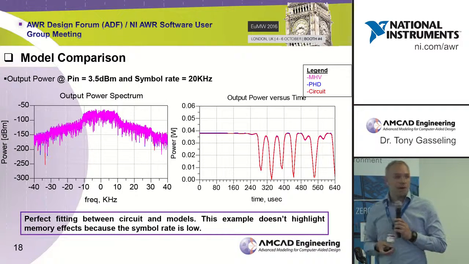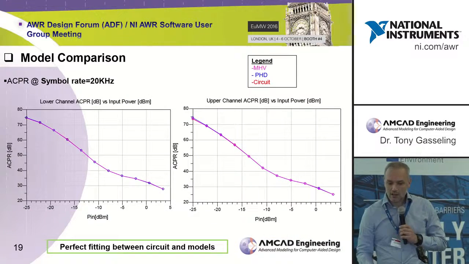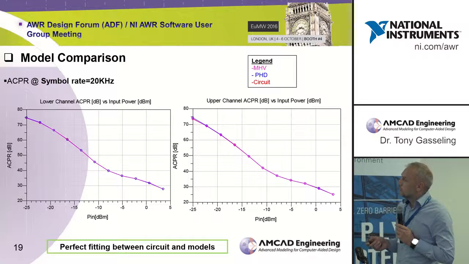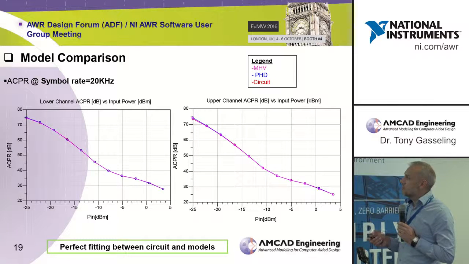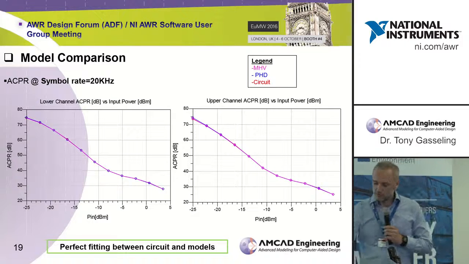So both models are accurate in these conditions. If we look at the ACPR response, again, we can observe a perfect fit between all three curves, the reference curve and the MHV and PHD responses.